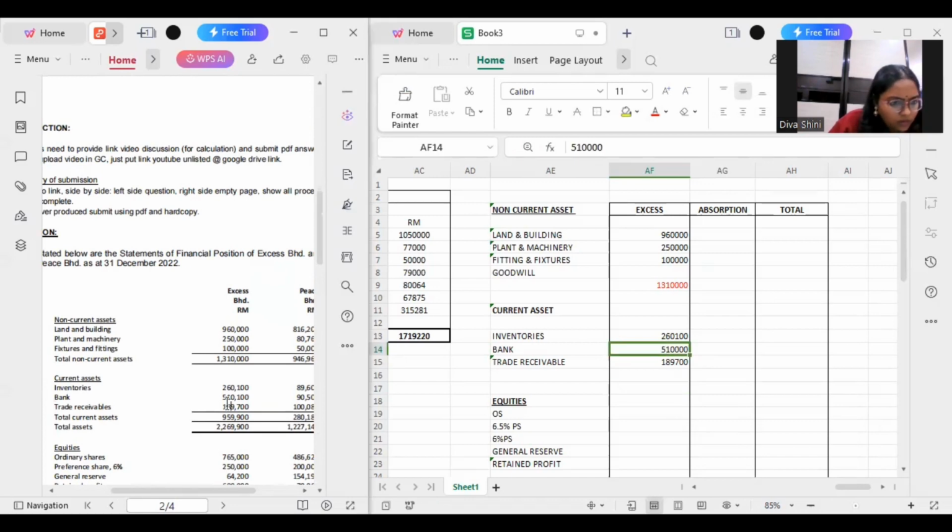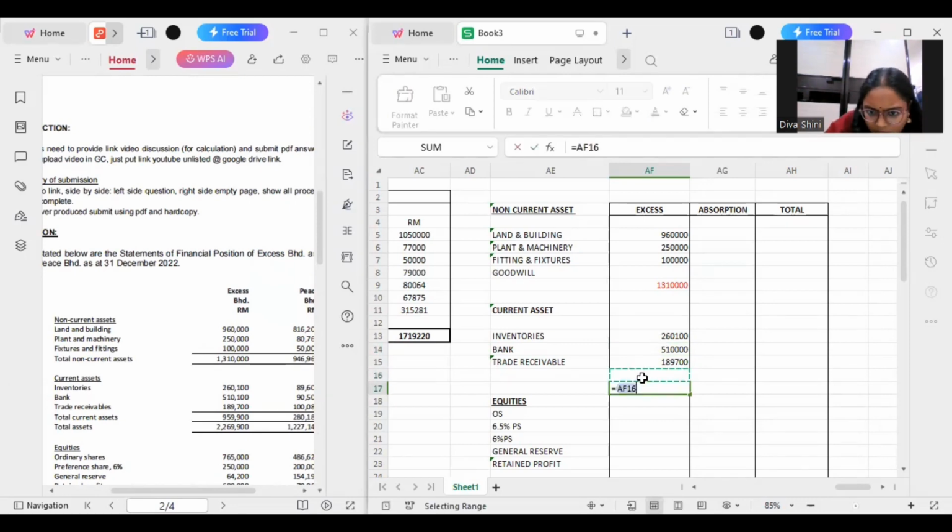Bank, okay. Okay, the bank is correct. And then we need to plus these three. So after we got this, we need to plus this two.